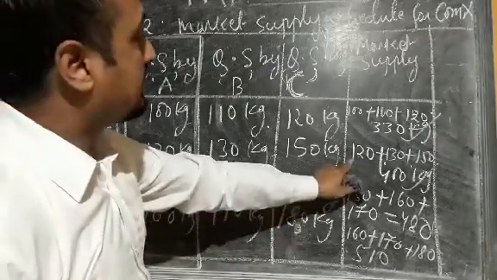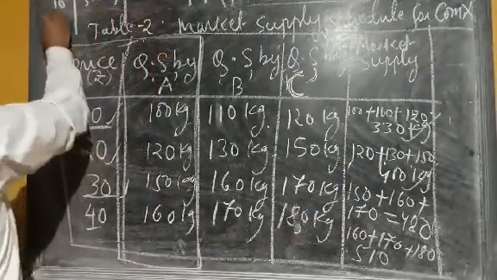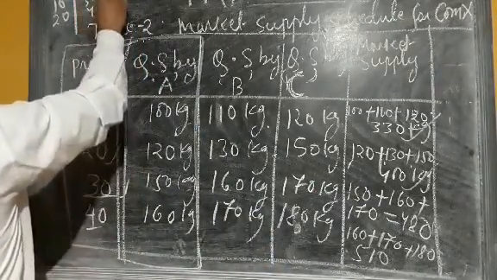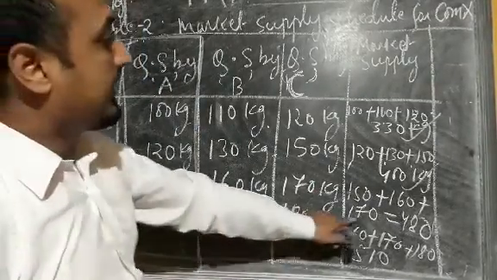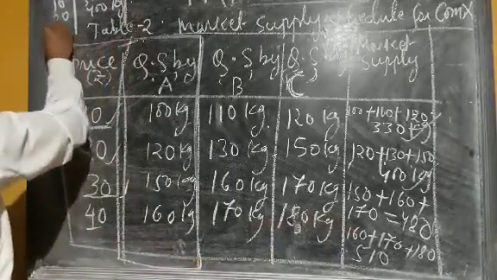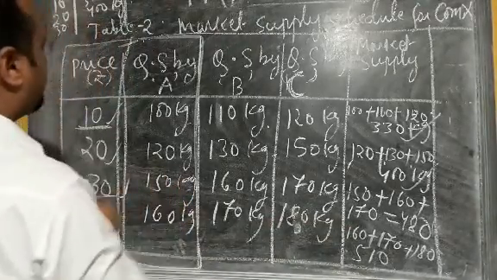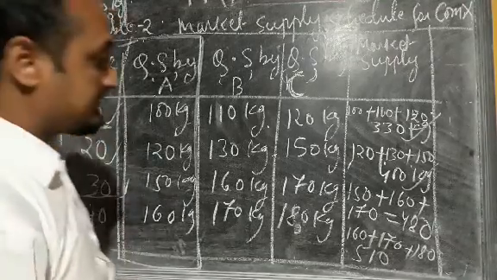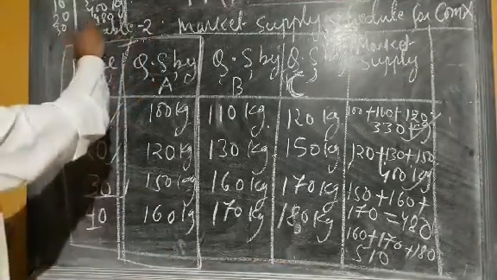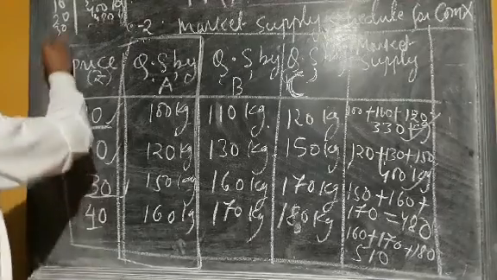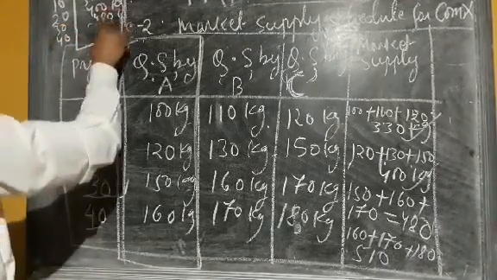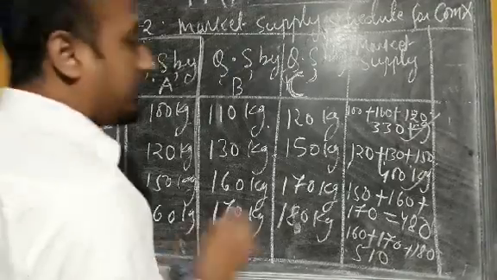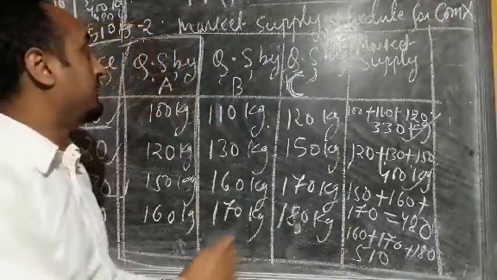Then at price 20, we have 400 kg. And at price 30 we have 480 kg. And at price 40 we have 510 kg.